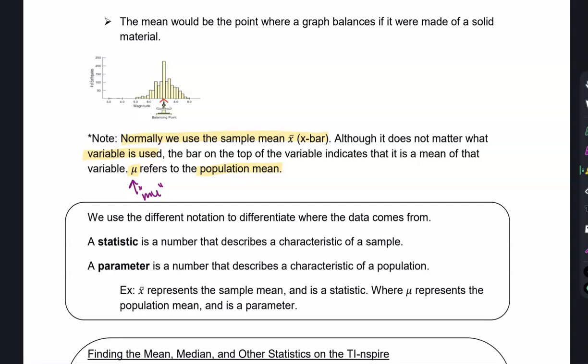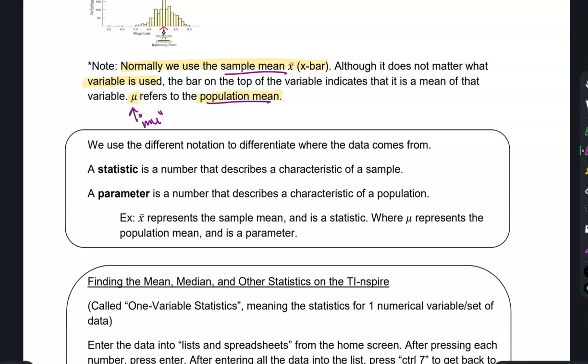So notice that there is different notation that we use for sample data versus population data. And that leads us to talk about what is actually a statistic. So like I said, we have different notation to differentiate where the data comes from. So a statistic is a number that describes a characteristic of a sample. A parameter is a number that describes a characteristic of a population.